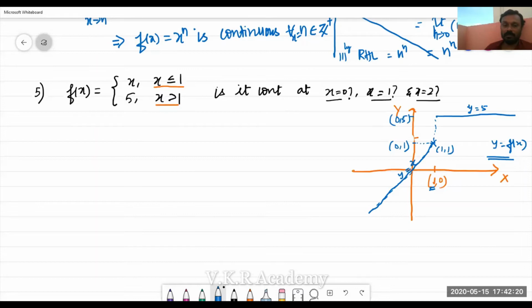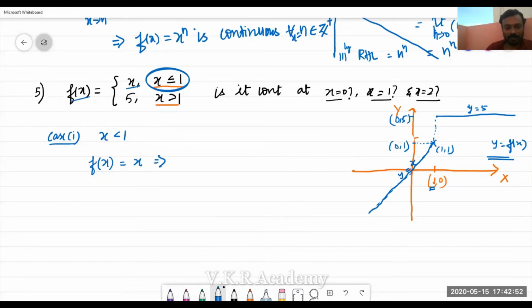So let's now try to prove this analytically. Here also the problem gets divided into 3 cases. Case 1, when x is less than 1. When x is less than 1, we have f of x is equal to x, because for all the values x less than 1, f of x is x.